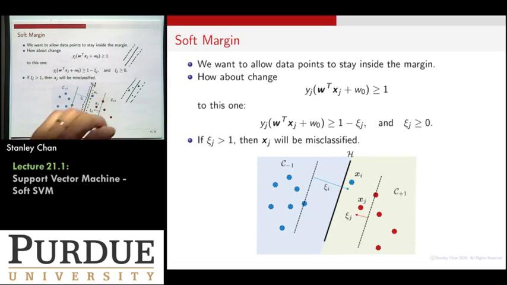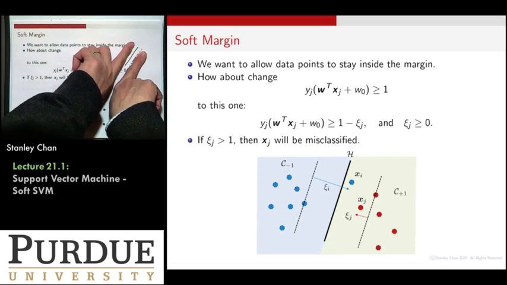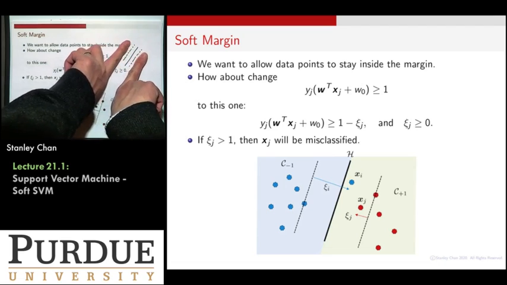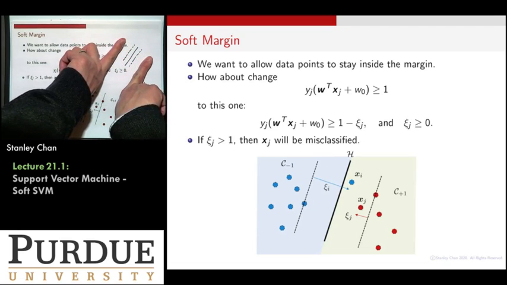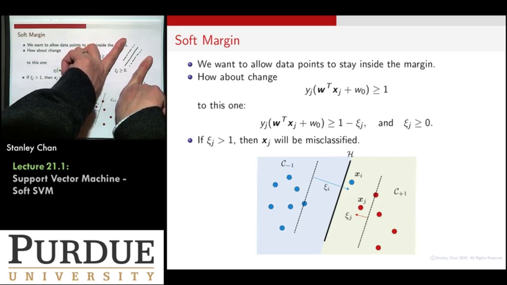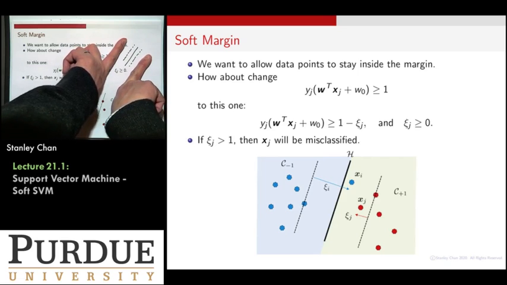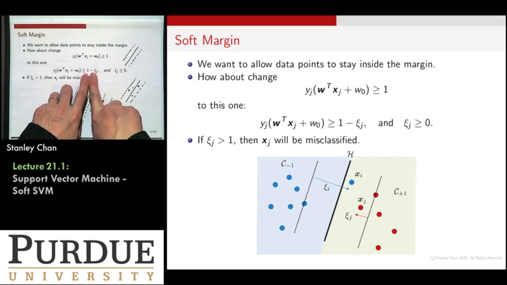So essentially what I am doing is making this margin a little bit bigger so that I can allow training samples to live inside the margin. And in order to do that, I need to introduce another variable by making this margin smaller.